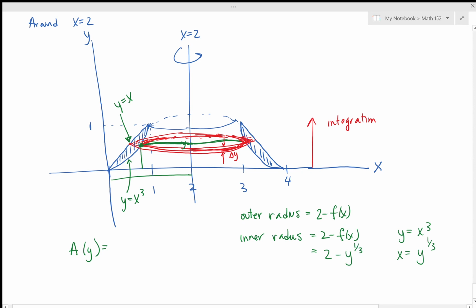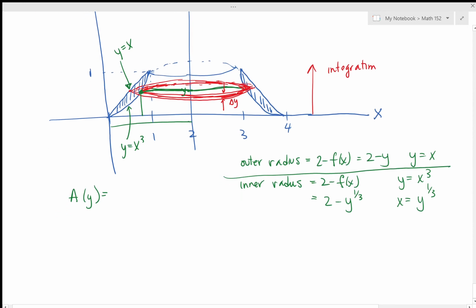The outer radius is 2 minus y, because that function is y equals x. These are separate. So I get the inner and outer radius of my washer, and then my cross-sectional area will be pi times the outer radius squared minus pi times the inner radius squared.